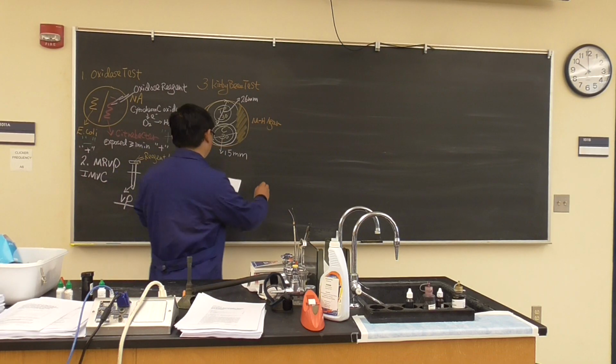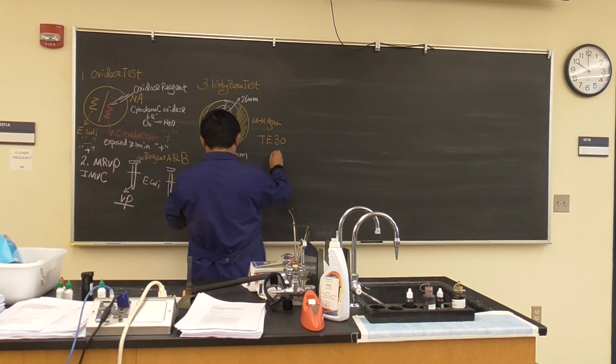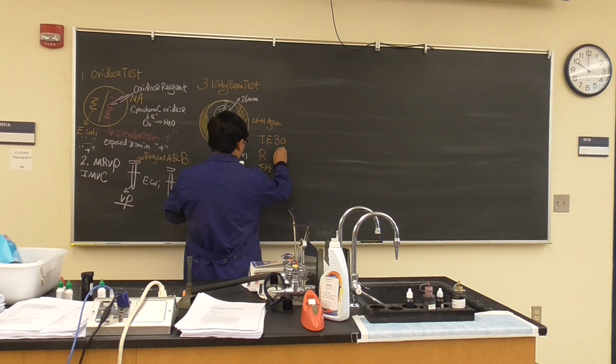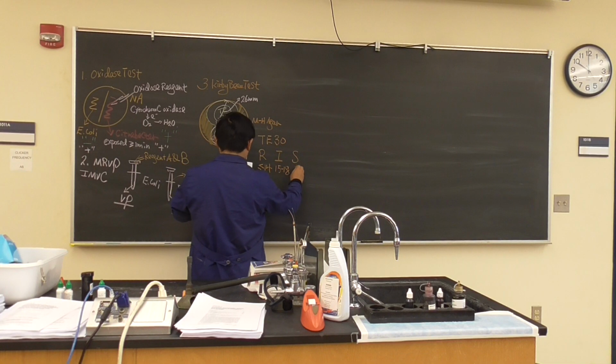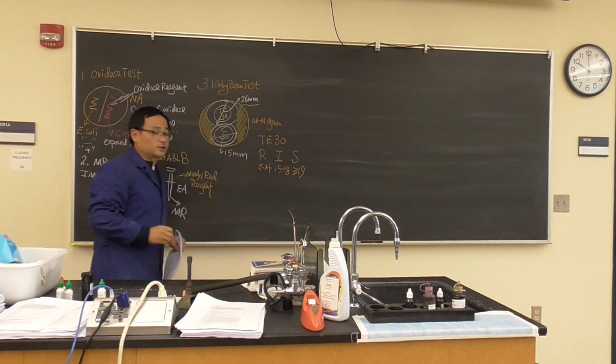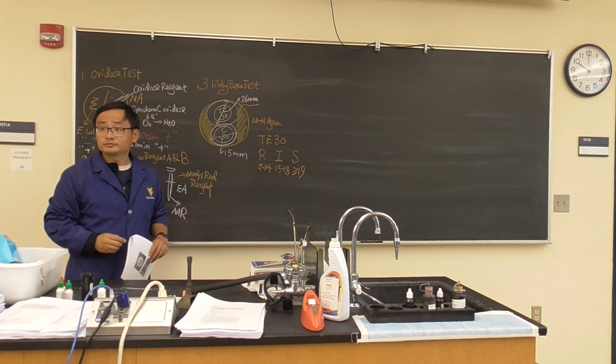Okay, tetracycline. Just to give an example, TE30. For tetracycline, resistant is less than 14, intermediate is 15 to 18, and susceptible is more than 19. So what this means, we get 26 millimeters here. Which bacteria was added there?